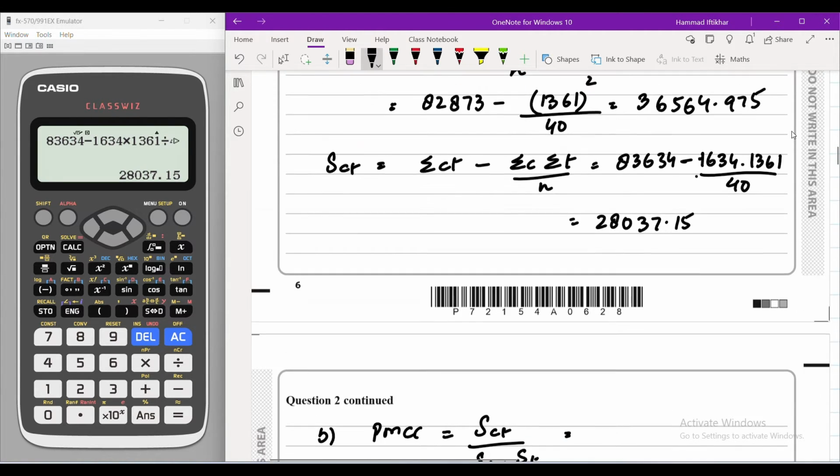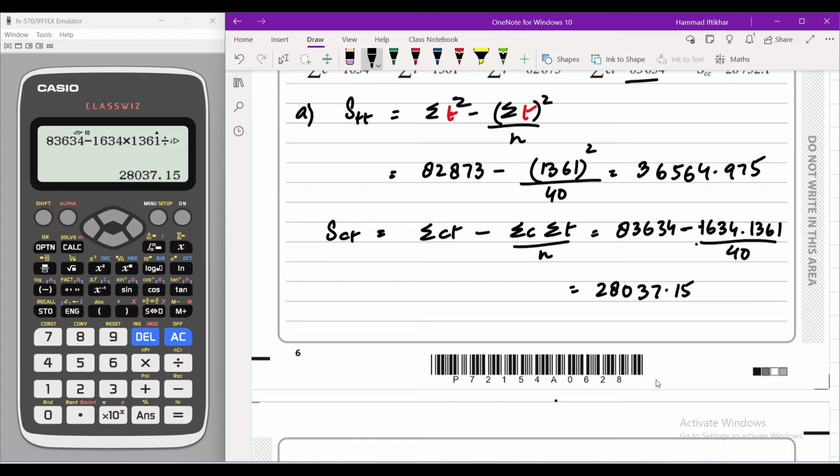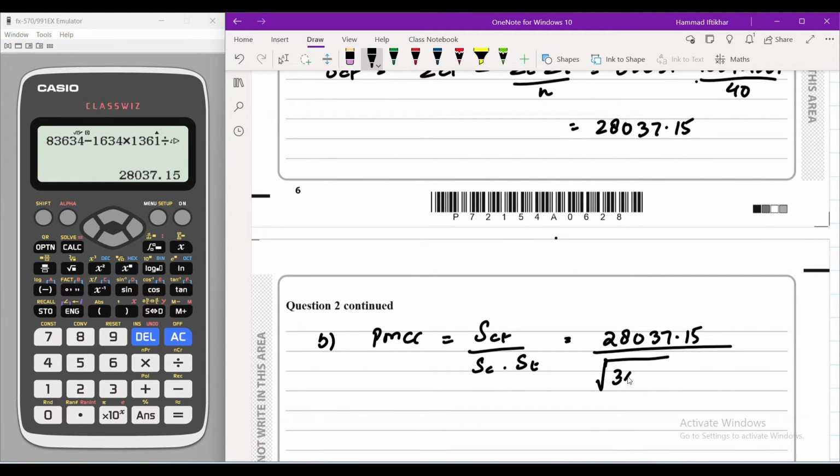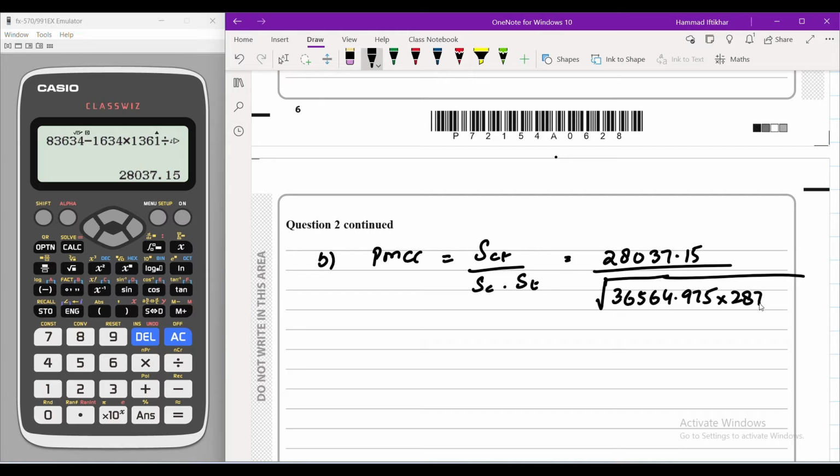So we plug in: 28037.15 divided by the square root of 36564.975 times 28732.1. We get 0.865.